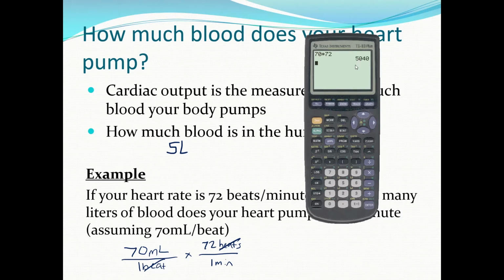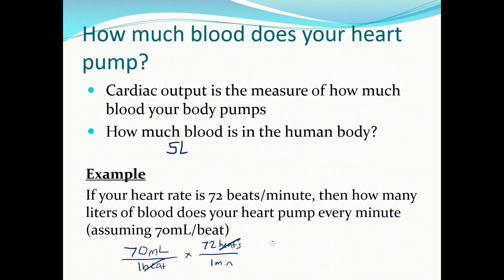And I get 5040. And that's milliliters per minute, which means this is about 5 liters. So it's about 5 liters per minute, because 1,000 milliliters in a liter. So you pump about all of your blood every minute, which is impressive.